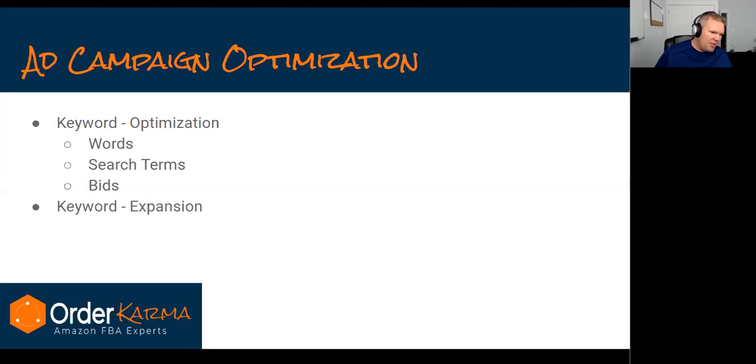So you want as many impressions as possible with the ACoS in your target zone. We do that with the bid adjustments. And the other benefit you get with this campaign optimization is keyword expansion. So we find new keywords that we can throw into our ad campaign and expand the reach, expand the impressions, and ultimately expand the sales.